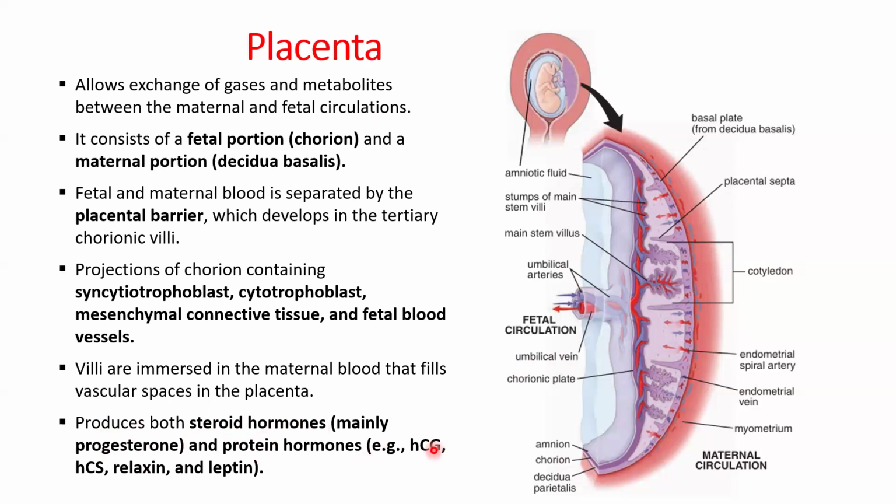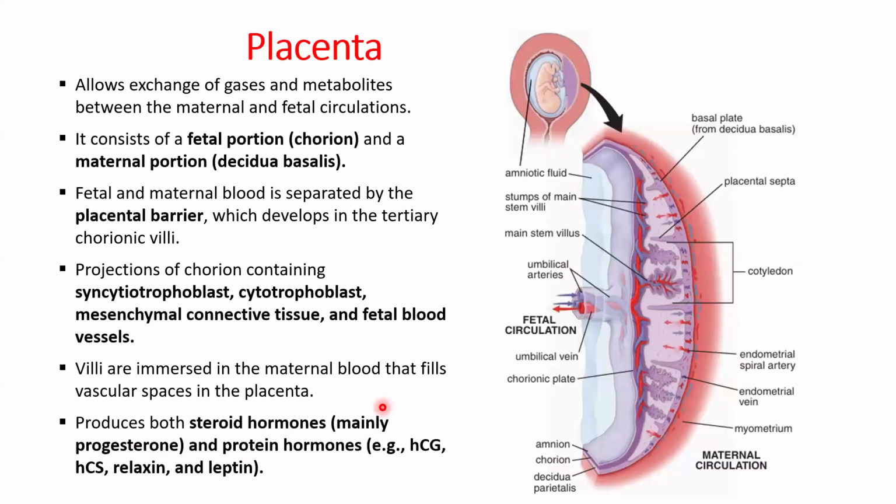It also produces protein hormones such as HCG, human chorionic gonadotropin, then human chorionic somatotropin, relaxin and leptin. Those hormones are important in the development of the fetus and even serve as markers of pregnancy.